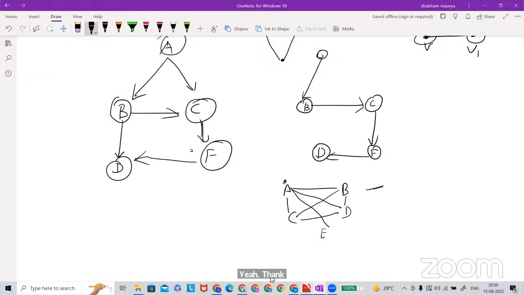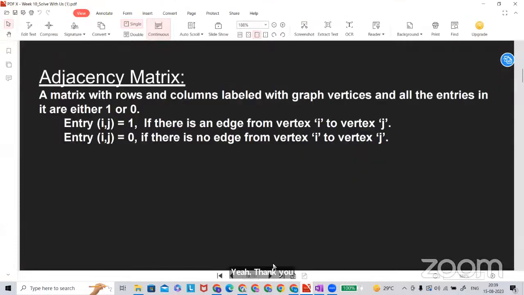Thank you, sir. So now next is the adjacency matrix, a matrix with the rows and columns labeled with the graph vertices, and all the entries are either 0 or 1. So what is the adjacency matrix?